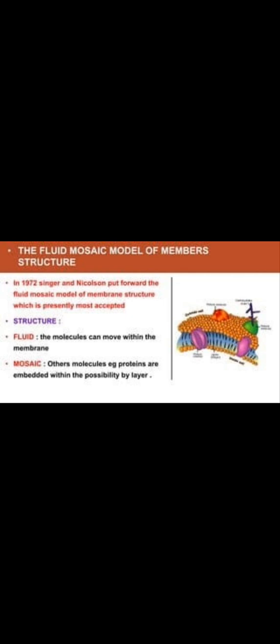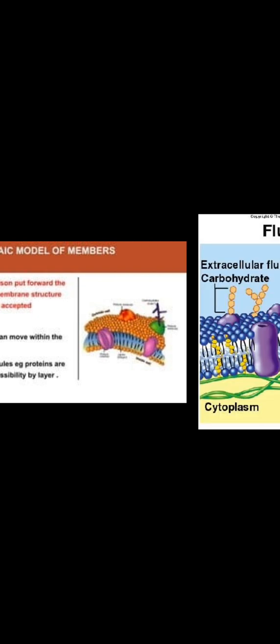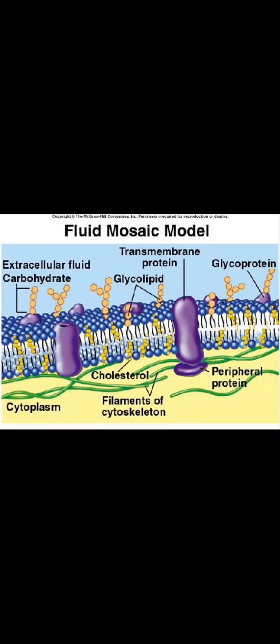That means it makes two layers, so it is called the lipid bilayer, and it was first proposed by Singer and Nicholson. After that, you see the clear picture of the fluid mosaic model.